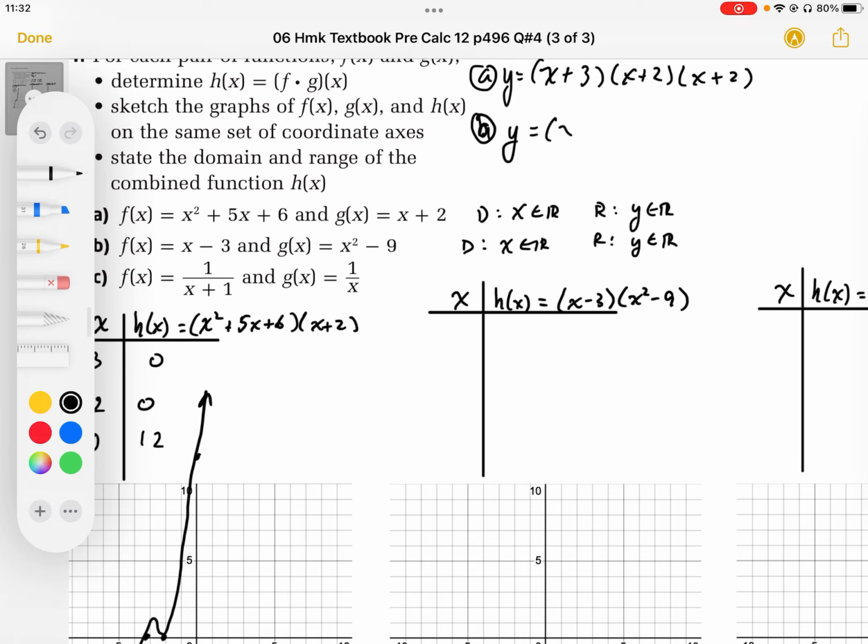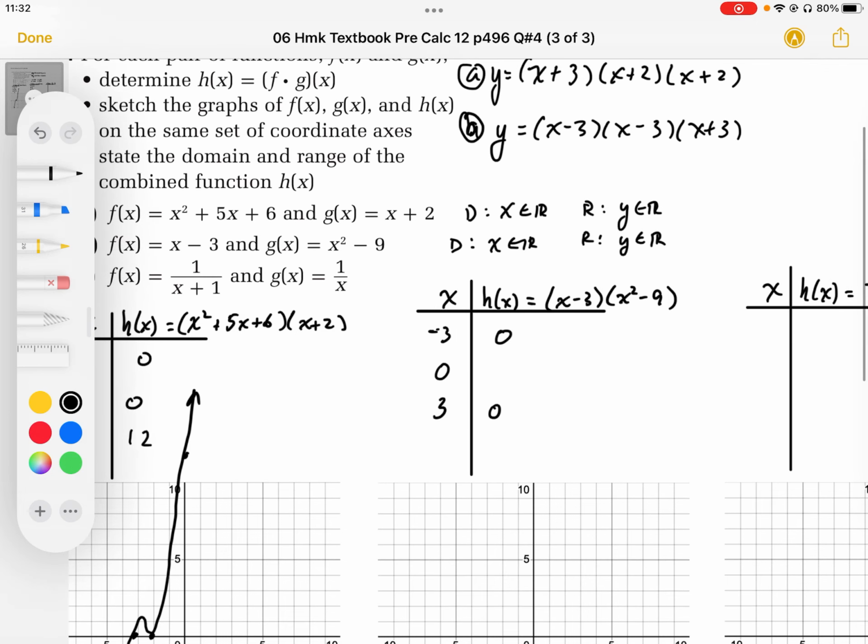Writing it in factored form, I get x minus 3, x minus 3, x plus 3. So I'm going to put my zeros at -3 and +3. I also put in my y-intercept just to make it easier to work with. My y-intercept is going to work out to be +27.